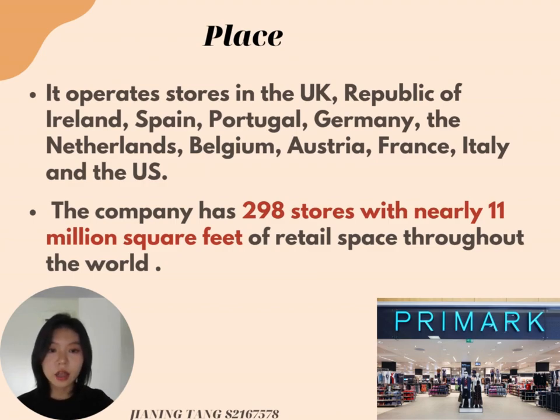The products of Primark are available in over 370 stores in 12 countries across Europe and the United States. The biggest store is situated in the UK, with nearly 11 million square feet of retail space throughout the world. Bigger and more outlets attract more customers.